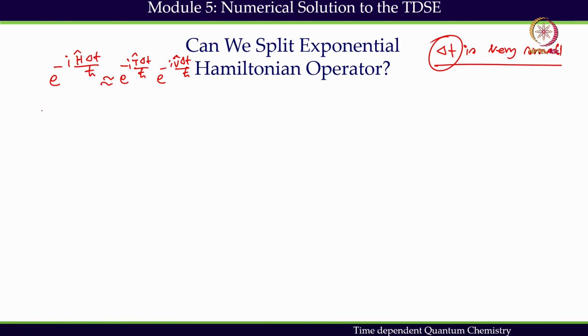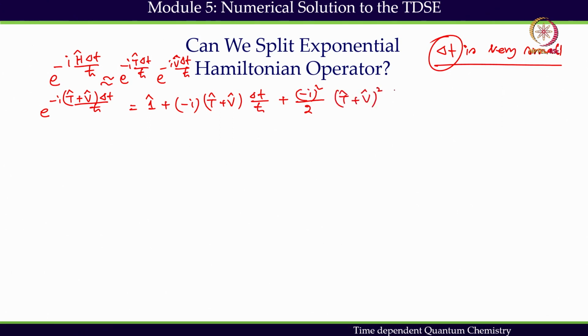So, for that we will start with e to the power minus i (T plus V) delta t by h cut, that is written as 1 plus minus i (T plus V) delta t by h cut plus (minus i) square by 2 (T plus V) square delta t square by h cut square plus so on.